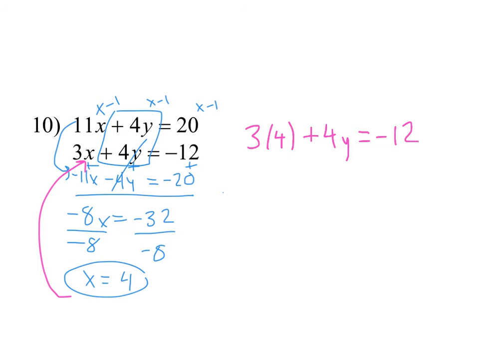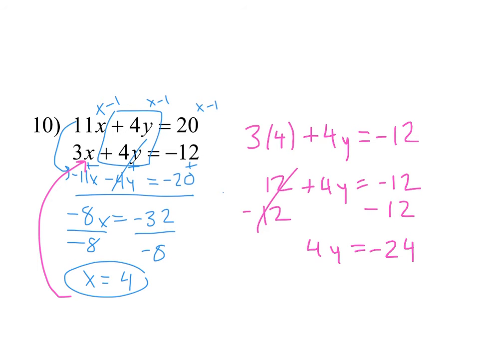What do we have to do? Distribute. So we just multiply 3 times 4. So 12 plus 4y is equal to -12. What's next? Subtract 12. So 4y is equal to, what's -12 minus 12? -24.